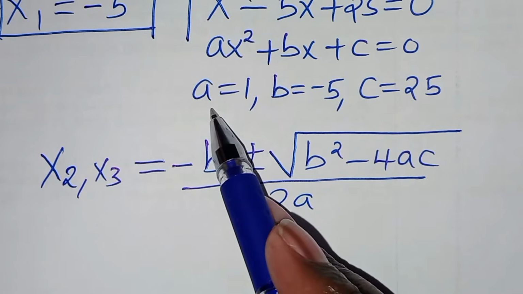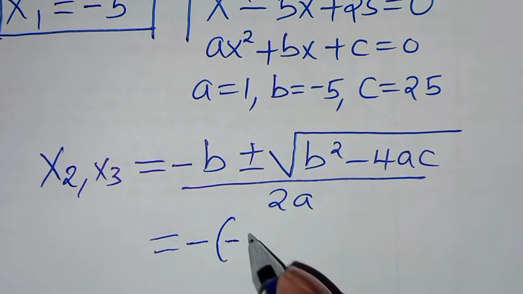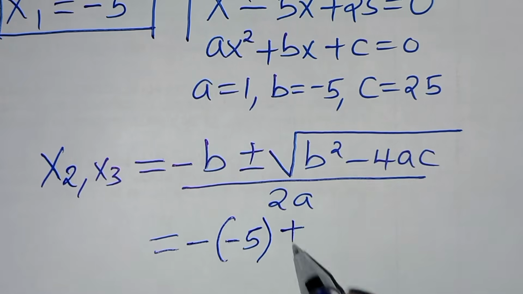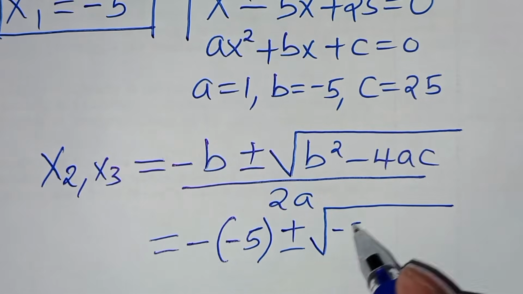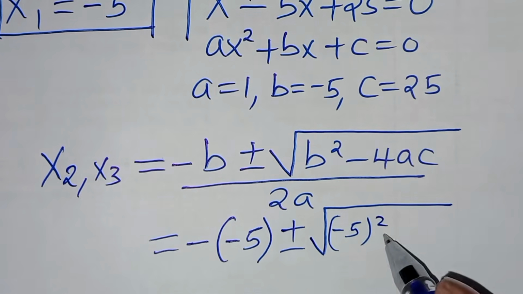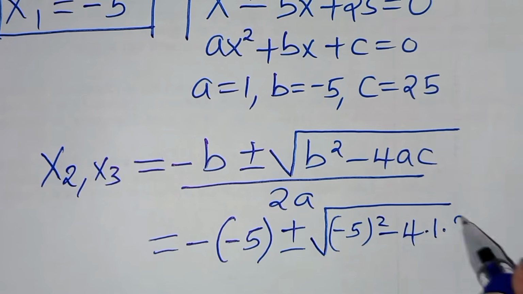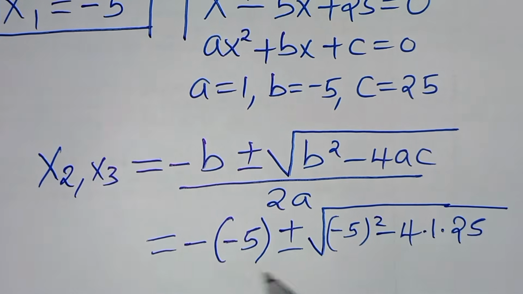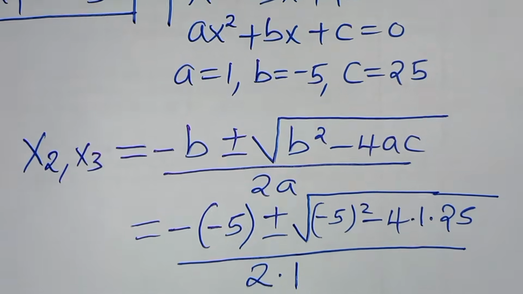Substituting the values of a, b, and c, here we'll have minus minus 5 plus or minus the square root of minus 5 squared, minus 4 times a, which is 1, times c, which is 25, all divided by 2 times 1.